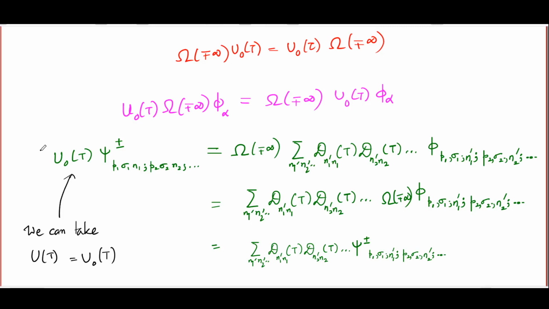So at least for internal transformations, we can actually find operators u of t which will do exactly the same job for both in states and out states, induce this particular transformation, and that's nothing but the same operator as the one which induces the transformation on free particle states.